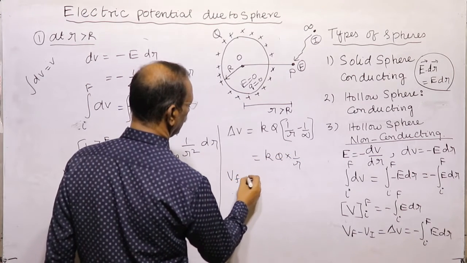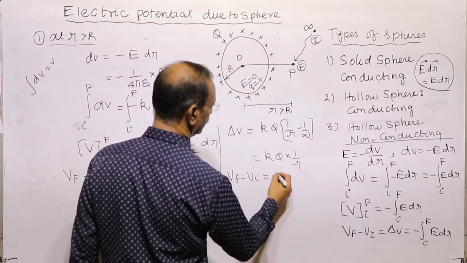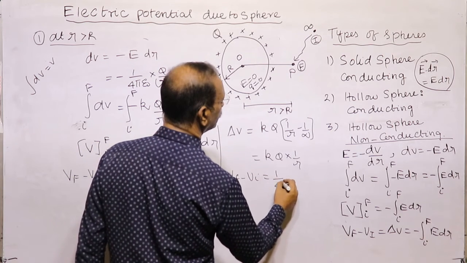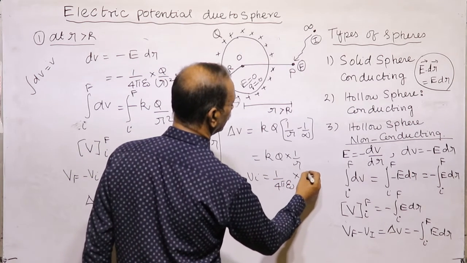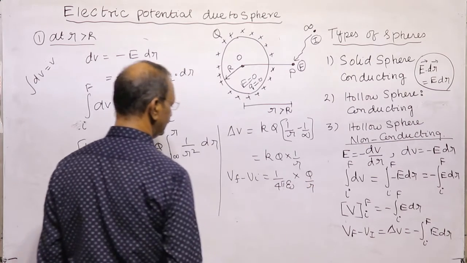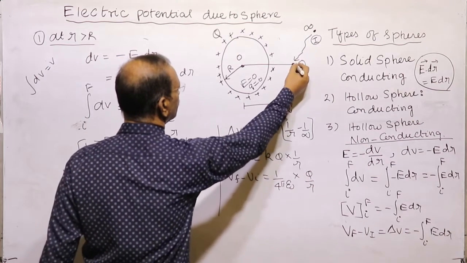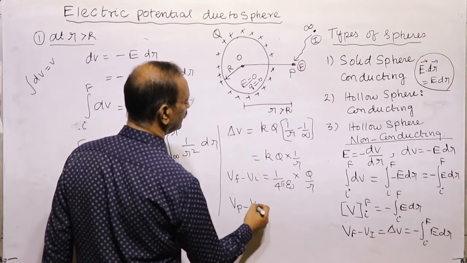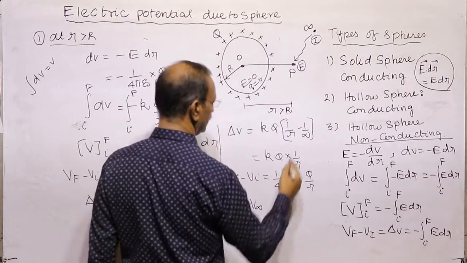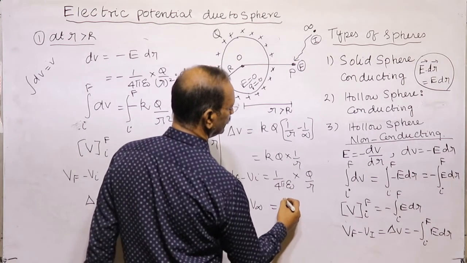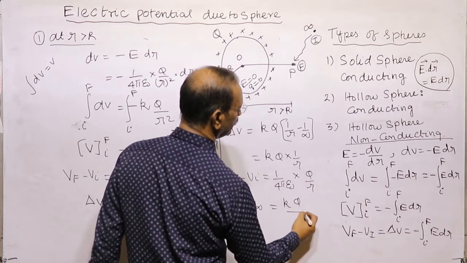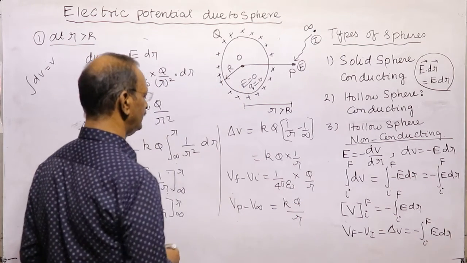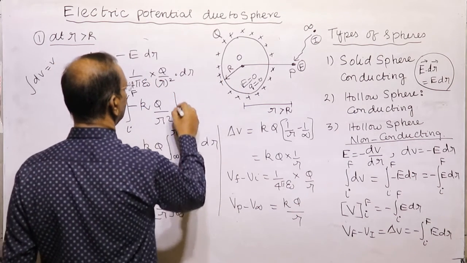V final minus V initial is equal to 1 by 4 pi epsilon naught, the value of k, divided by r. This is the final point, so potential at P minus potential at infinity, which is the initial potential, is equal to kq by r.